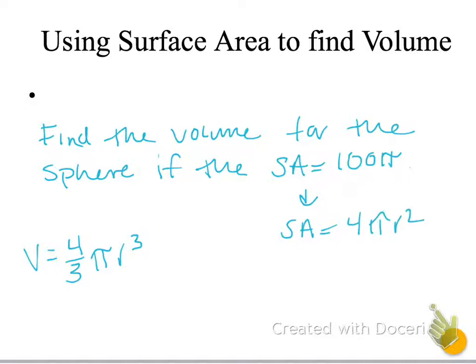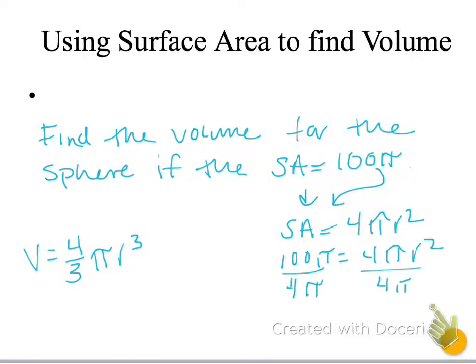Okay, so our surface area is given to us, so 100 pi. So let's go ahead and get r squared by itself. So we're going to divide both sides by 4 pi, and we are going to get 25 equals r squared. We're going to square root to get rid of the squared, so our r equals 5.